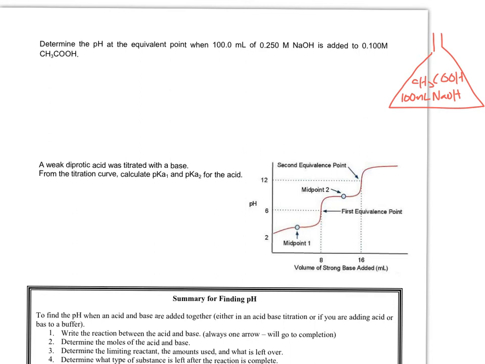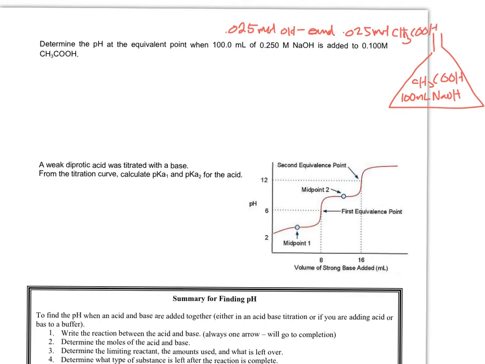So what I could do is figure out how many moles of base I have. I have 100 mL of 0.25 molar, so that's 0.1 times 0.25, so 0.025 moles of my NaOH and 0.025 moles of my acetic acid as well.